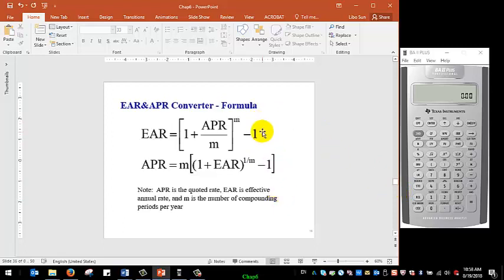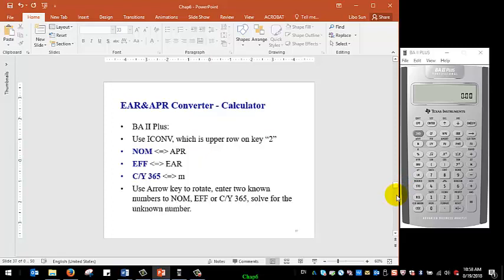How do we convert APR to EAR or the other way around? You can use the formula where M means the number of compound frequency. In the BA II Plus calculator, we can use I convert, which is on top of the key number 2.